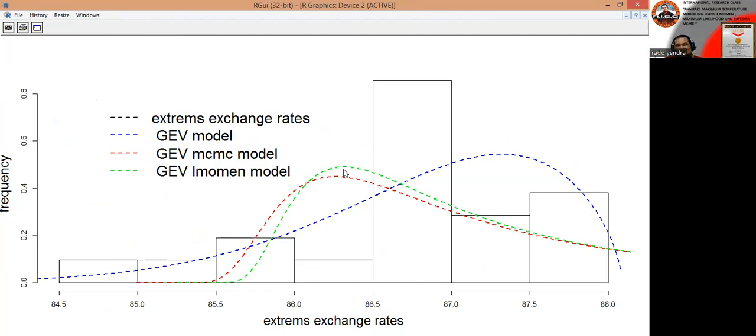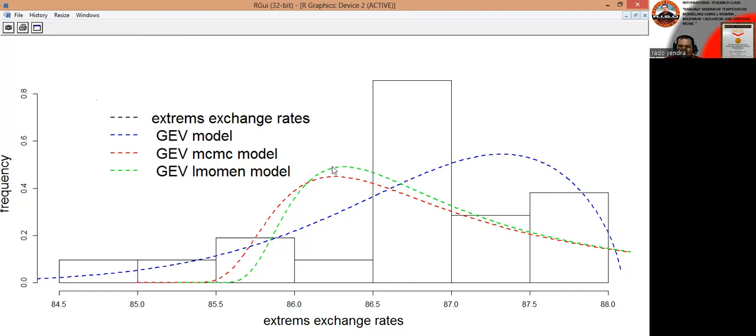The blue one is representative for the maximum likelihood. The green one is the representative for the Lmomen. And the red one is the graph density function by using the Bayesian MCMC. And then you can check here. The blue one is the best from the other colors.